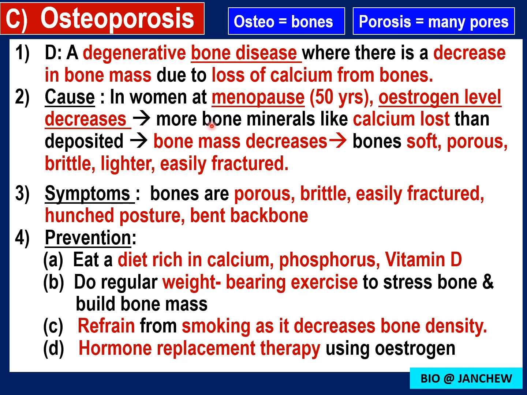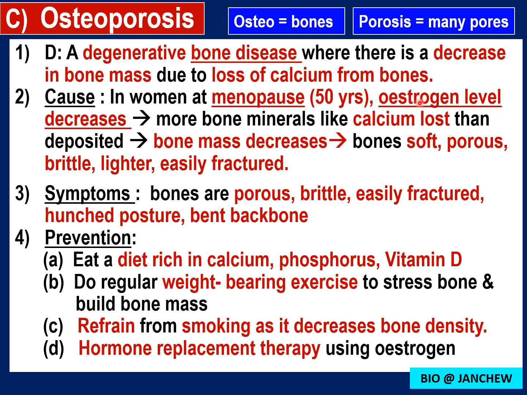And then the menstrual cycle will stop because of the low estrogen level. So that is a sign of menopause. Okay, the menstrual cycle is the monthly cycle of bleeding that occurs in women. So that will stop. That's when the woman knows that she has reached menopause, around 50 years of age.